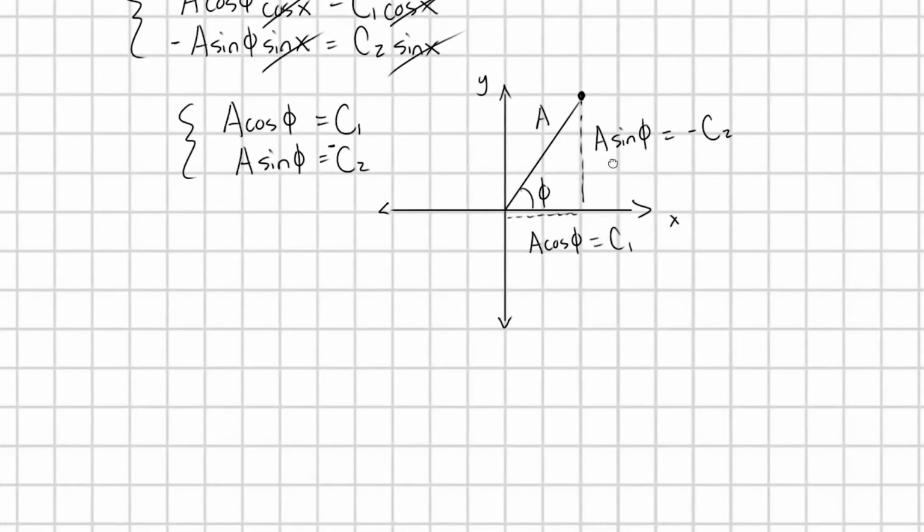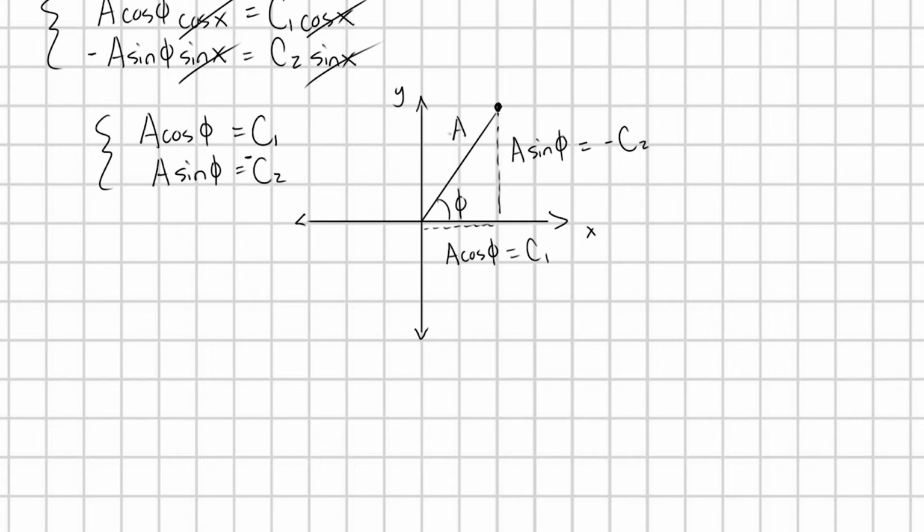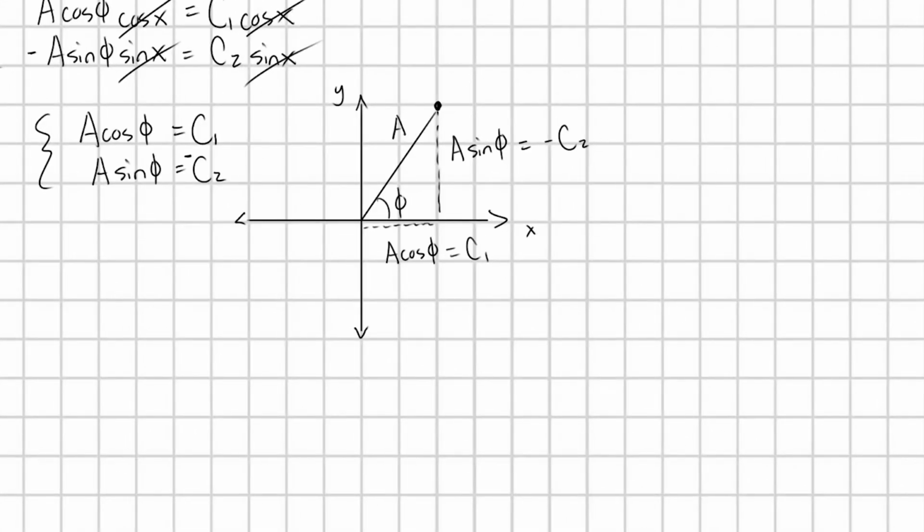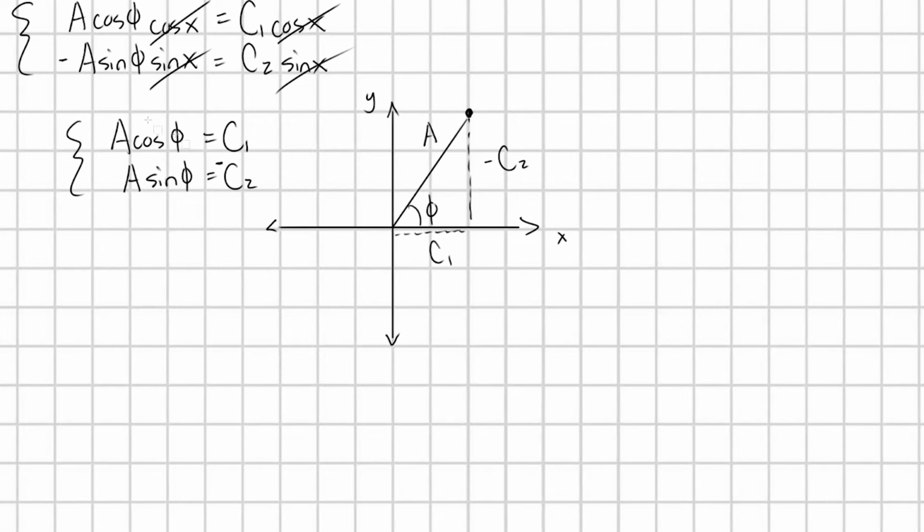Oh my gosh, this is really neat. Because in other words, right, let's look at this triangle. I'm just going to go ahead and eliminate this kind of intermediate step here, and pretend like we're looking at this problem from scratch. I have some C1 and C2, and I want to combine them into a single cosine wave with some amplitude A and phase shift phi.